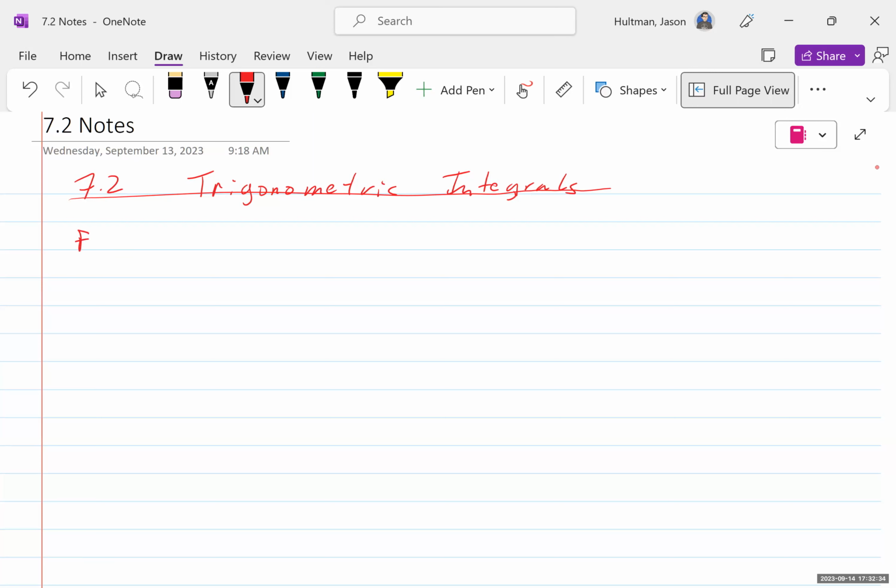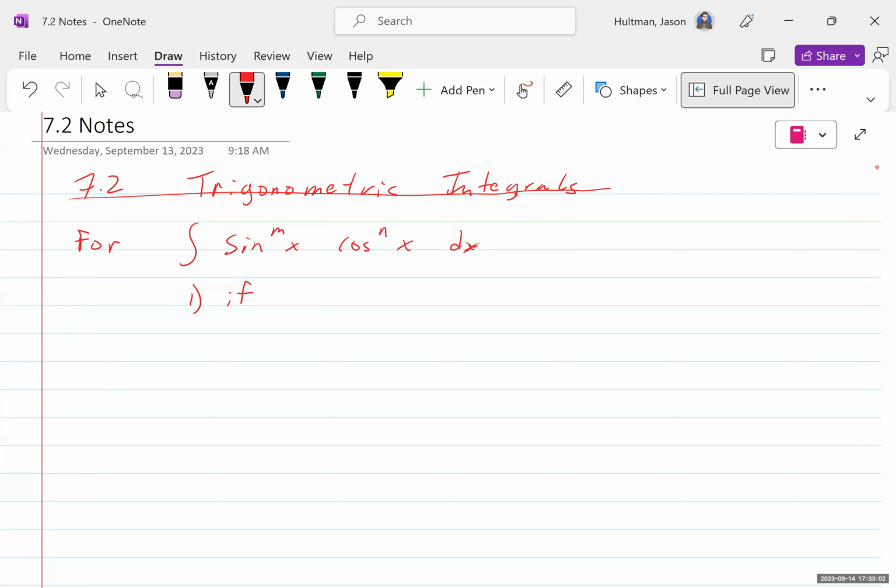So let's set up some rules for sine and cosine. For the integral of sine to the nth power of x times cosine to the nth power of x dx, we have an expression with powers of sines and powers of cosines. We have four rules.